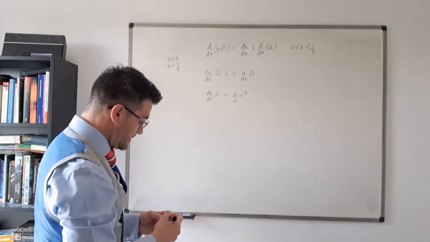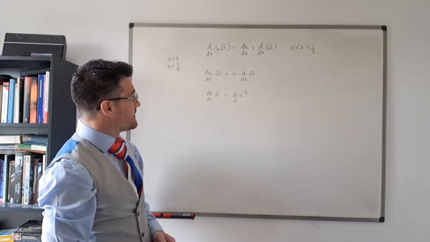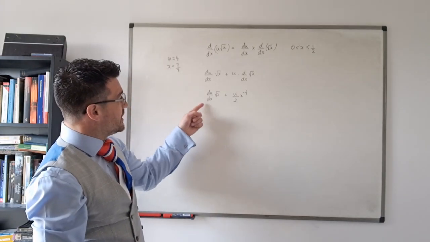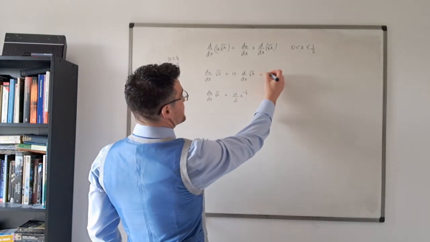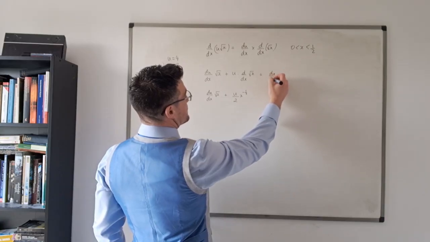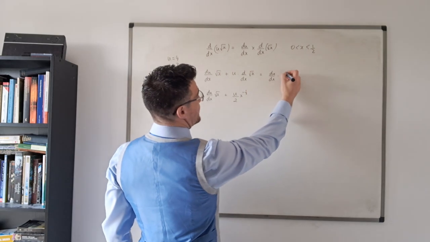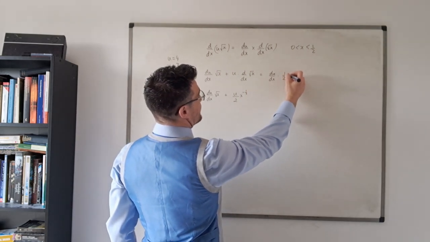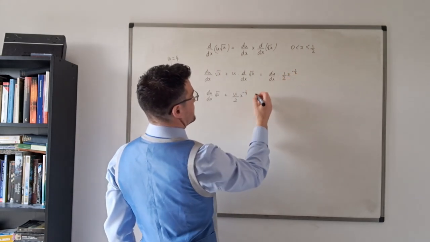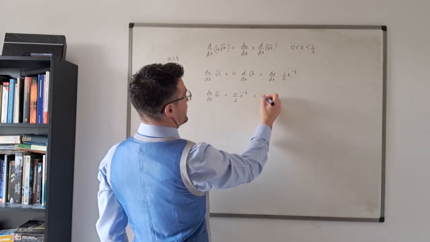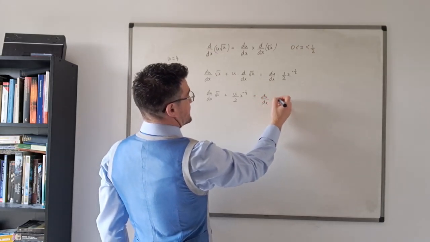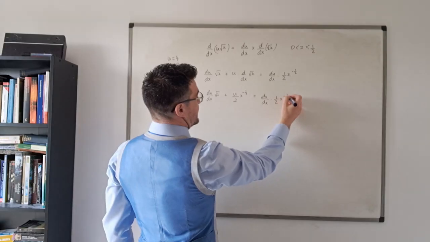That's it. Okay, so we know that this is equal to du by dx times, I've already differentiated that actually, it's a half x to the minus a half. So this is equal to du by dx times a half x to the minus a half.